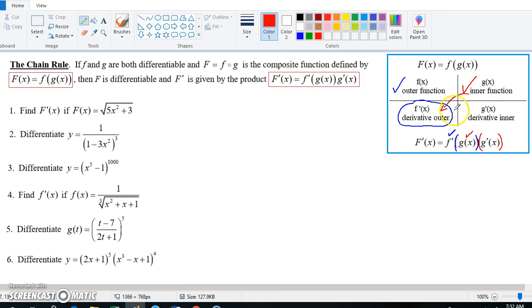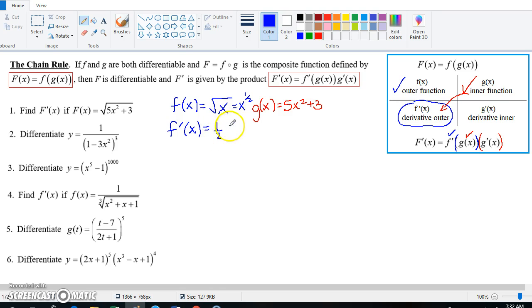I'm going to make a chart just like I have over here. I'm going to identify the inner function as 5x squared plus 3. I'm going to identify the outer function as the square root of x. I'm going to take the derivative of each of those functions. F prime of x. Remember, we need to think about this as x to the 1/2 power.